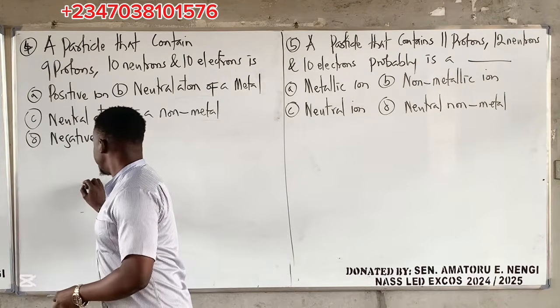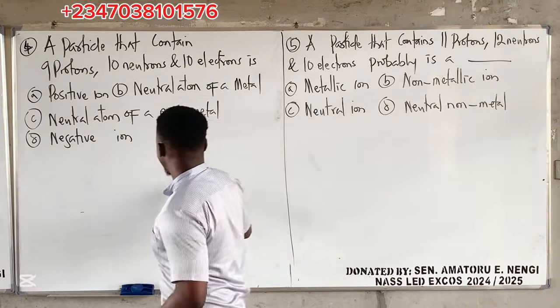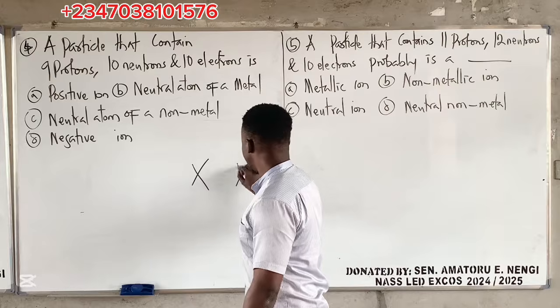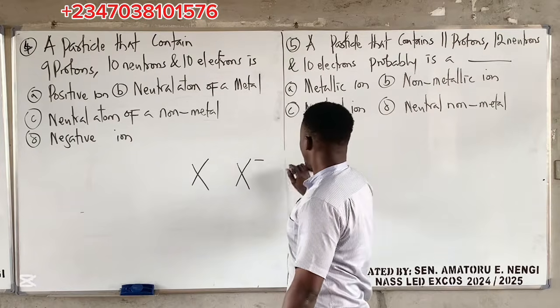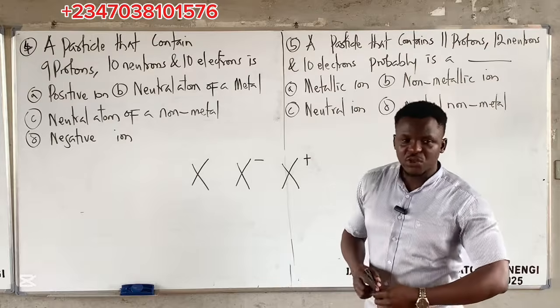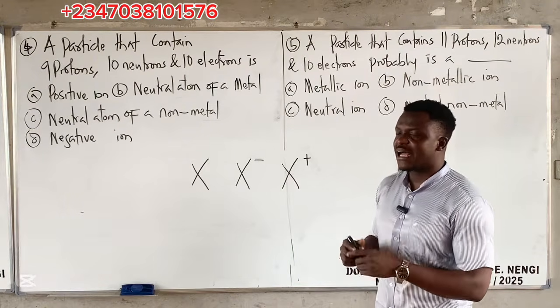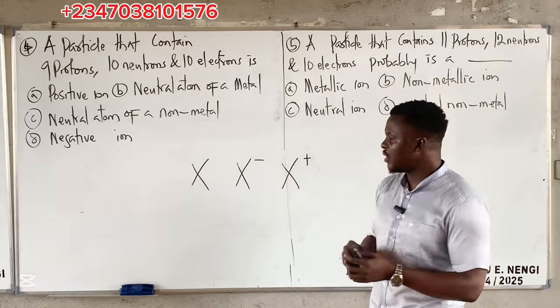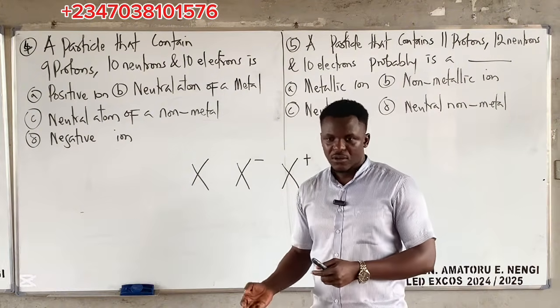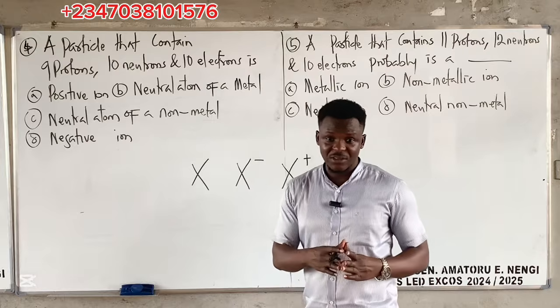An atom can either be neutral like this, or negatively charged like this, or positively charged like this. Now you need to understand something, that what makes an atom neutral is when the number of electrons is the same as the number of protons. Electrons are negatively charged, right?